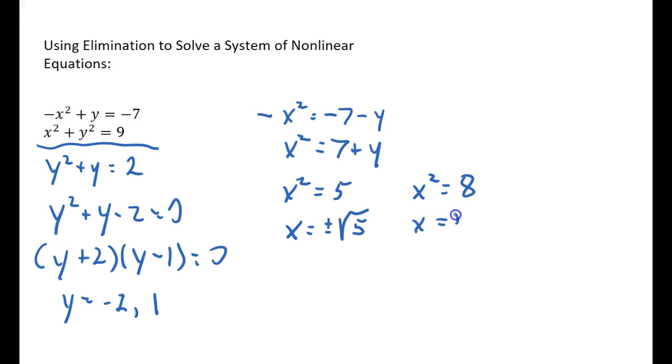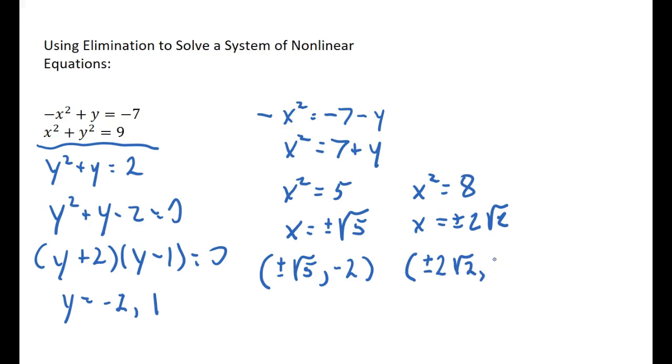So x is plus or minus 2 root 2. So how many solutions do I have? Well, I got two x values when I plugged in negative 2 for y, so that means I get two solutions there, plus or minus the square root of 5 when y is negative 2. And I got these two x values when I plugged in 1 for y. So I have two more solutions there, which means I'm going to have a total of 4 solutions.